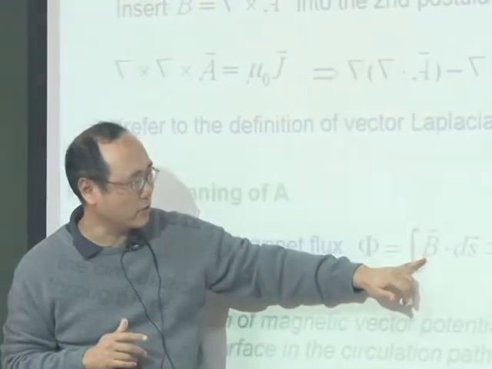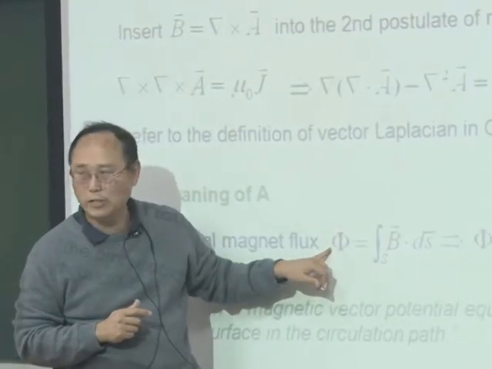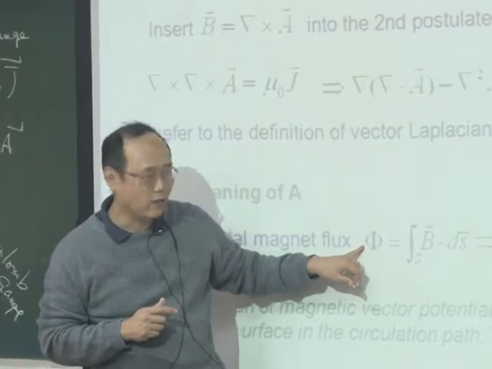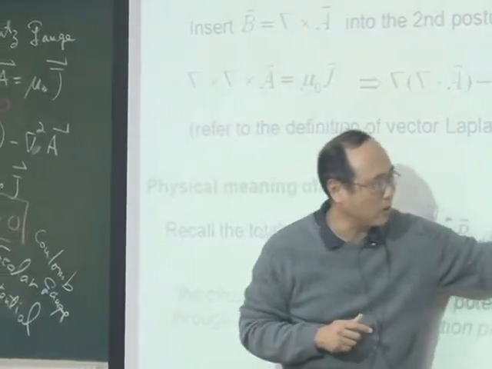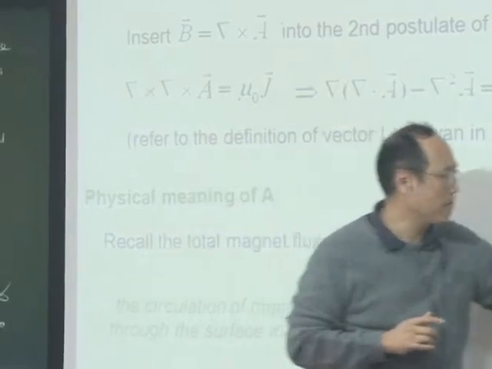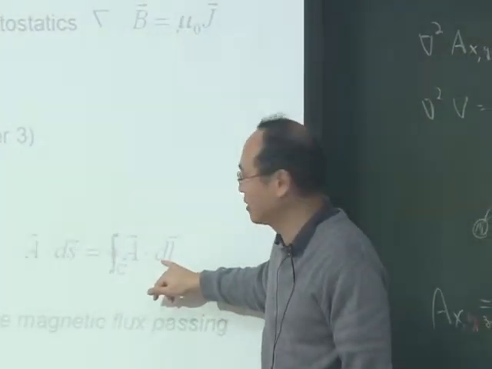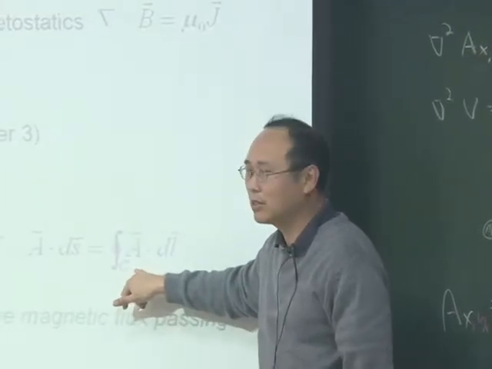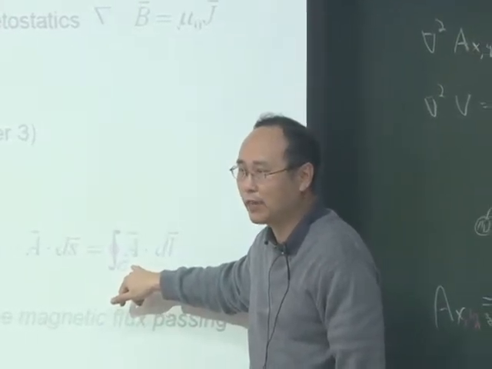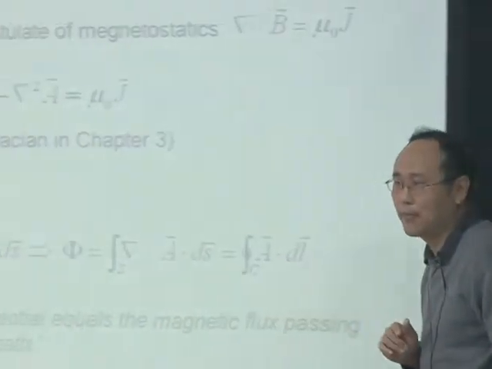If you do a surface integration of B, then you get magnetic flux. Now that we define B to be curl of A, you can reduce this to a closed-path integration by using the Stokes theorem. So you end up having the circulation of A equal to the magnetic flux.